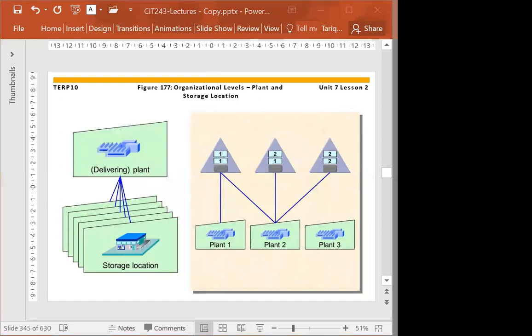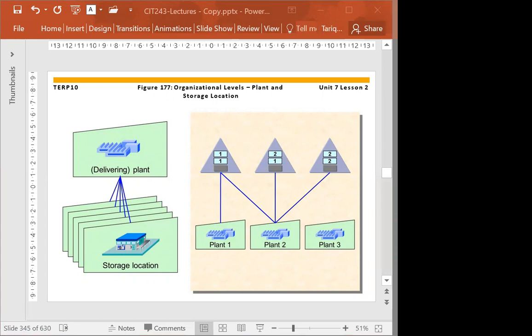Now we have shipping points. So this is another organizational data. One plant, a delivering plant. In sales and distribution, we will say delivering plant, even if it is a manufacturing plant, but in sales we will say it is a delivering plant.